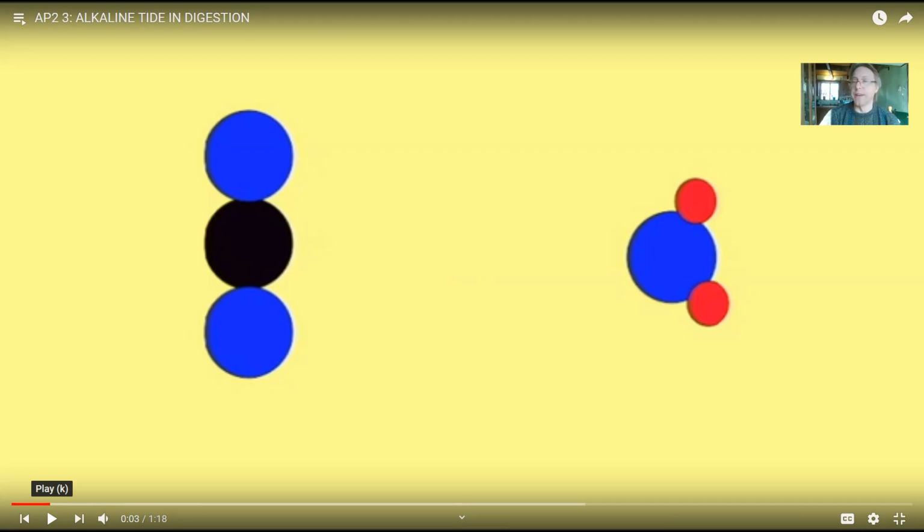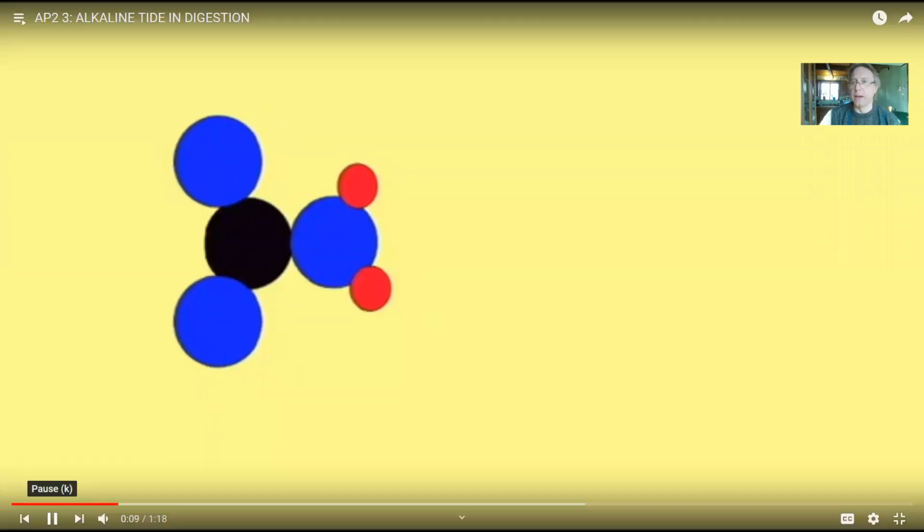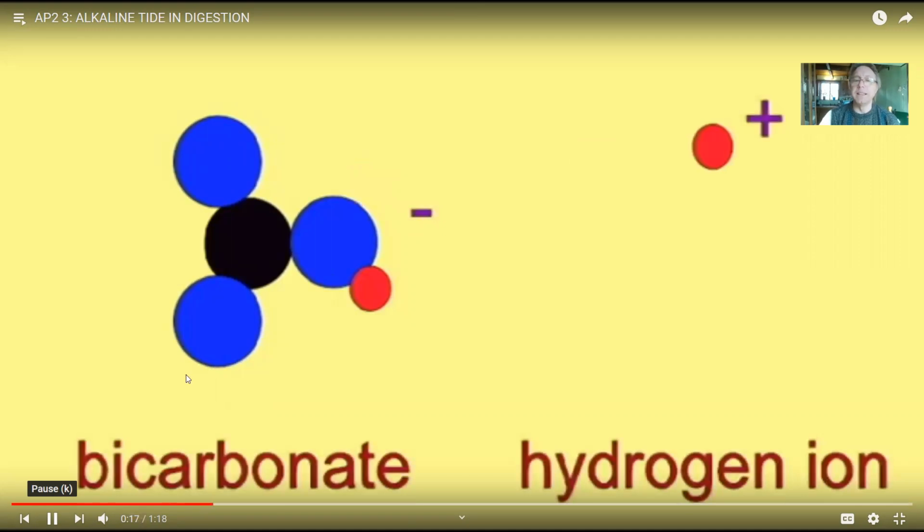There are also causes of alkalosis. I could hyperventilate, so that could be a cause of losing too much acid. And another cause of alkalosis is continual vomiting. When I make stomach acid, it starts off as carbonic acid, and then bicarbonate is exchanged for chloride ions.